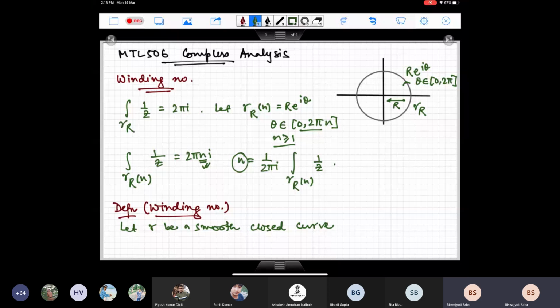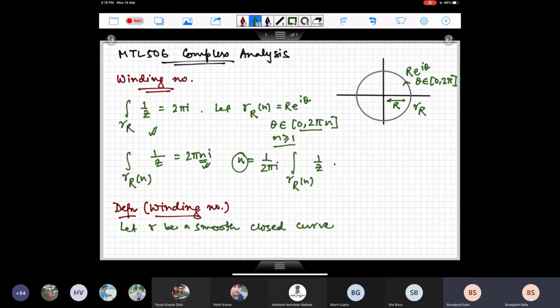And of course you have seen already that when I have a closed curve and a function which is holomorphic at all the points inside the curve, then the integral is going to be 0, but that might not be the case if I take a non-holomorphic function like in this case.